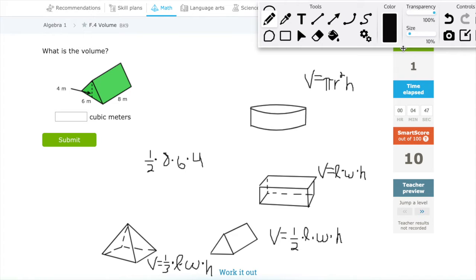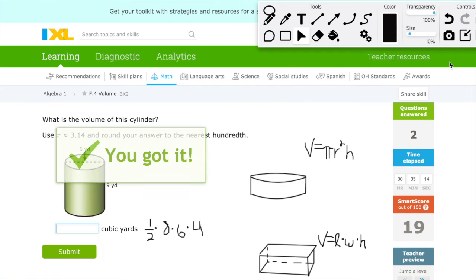Okay, so if I multiply those all together, 1/2 times 8 times 6 times 4, or if you like decimals like me, you could put 0.5 times 8 times 6 times 4, and you would get 96 there. Again, it already gives you the units. Just be careful in case that is not the case in the future. And it would be 96 cubic, and it's meters because of that M there. Awesome.